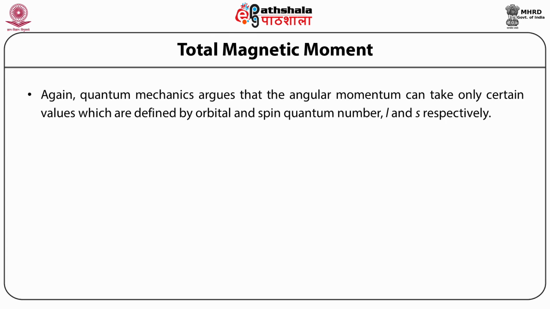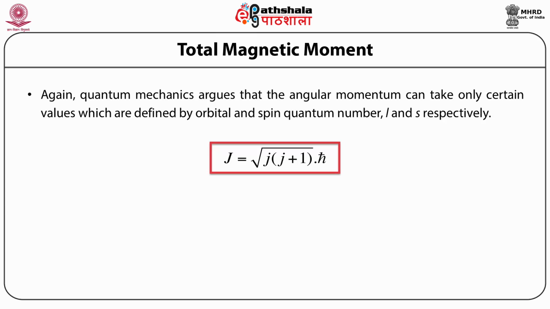Again, quantum mechanics argues that the angular momentum can take only certain values which are defined by orbital and spin quantum numbers, small l and small s respectively. Hence, the angular momentum for an electron with a characteristic number small j is expressed as capital J is equal to root of small j multiplied by j plus 1.